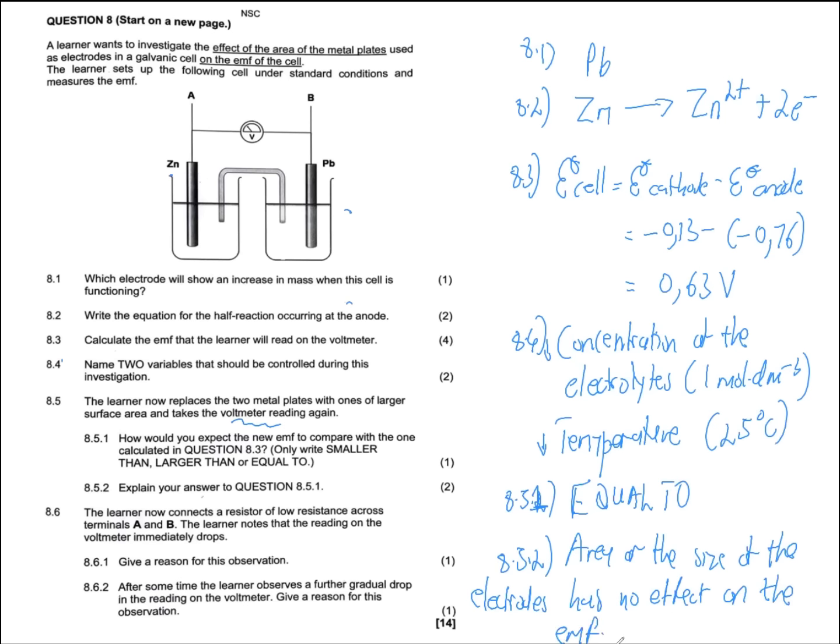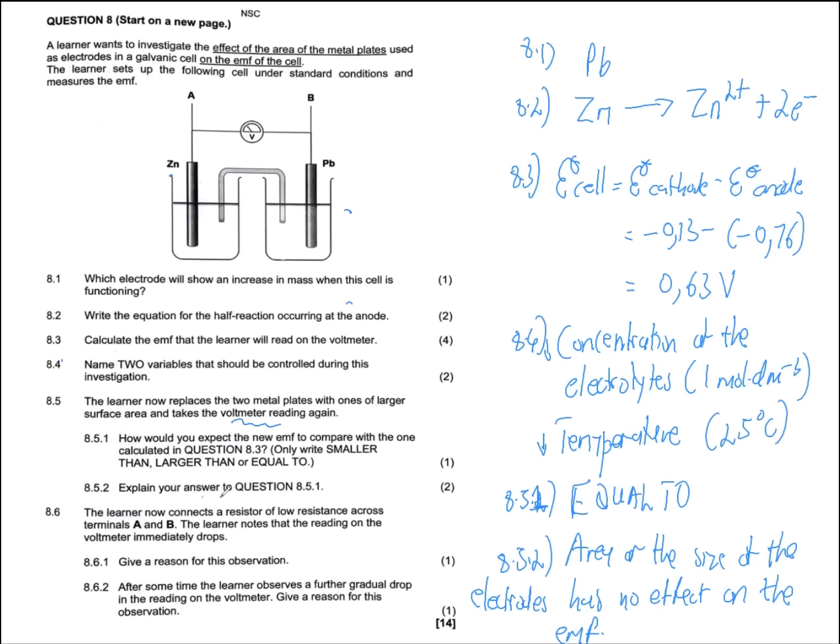What we know to have an effect on the EMF would be the concentration of the electrolytes, right? If we increase or decrease the concentration of the electrolyte, depending on whether we do it on the cathode or the anode, then that does have an effect on the EMF. But as for the area, the size of the electrodes, we do not know that to have any effect on the EMF. So that's how we go about it, right?